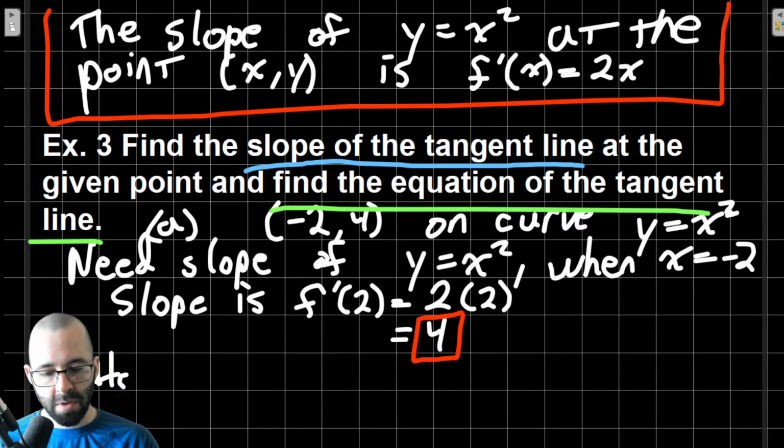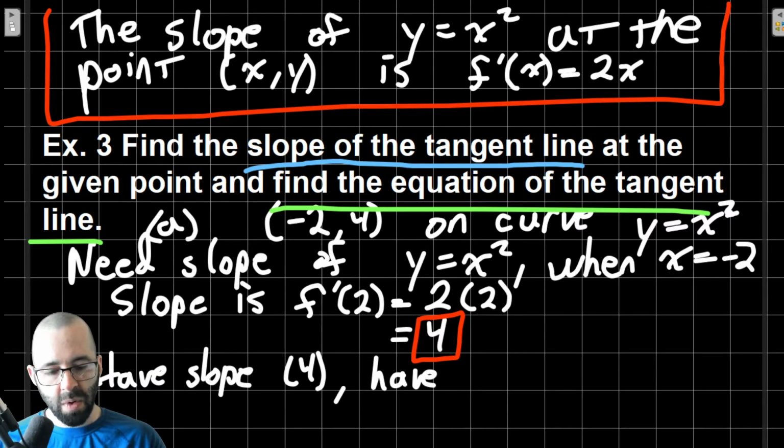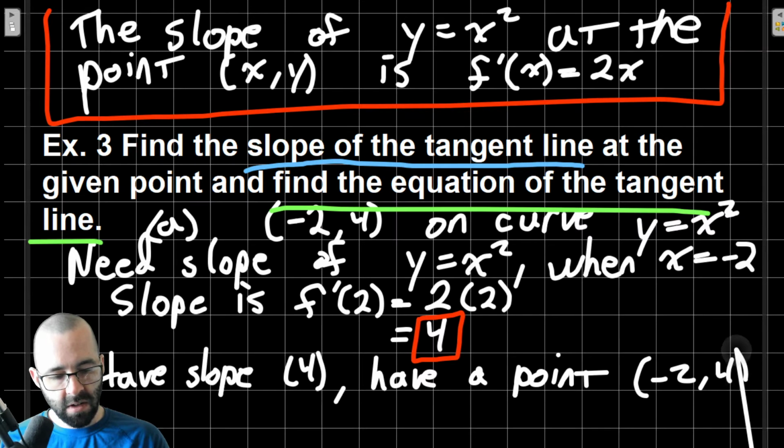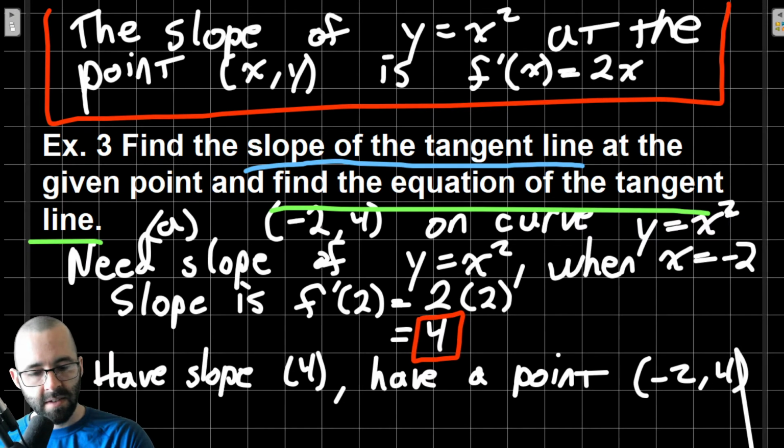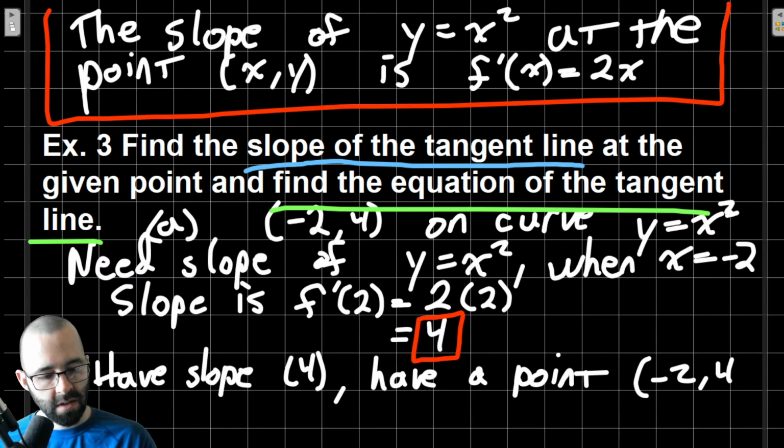So we have the slope. The slope is 4. We have a point on the tangent line, -2 comma 4. So let's just use our handy dandy formula. We'll be good to go.